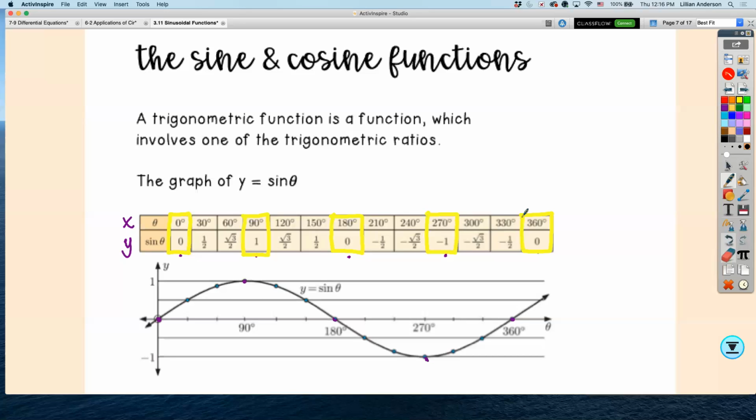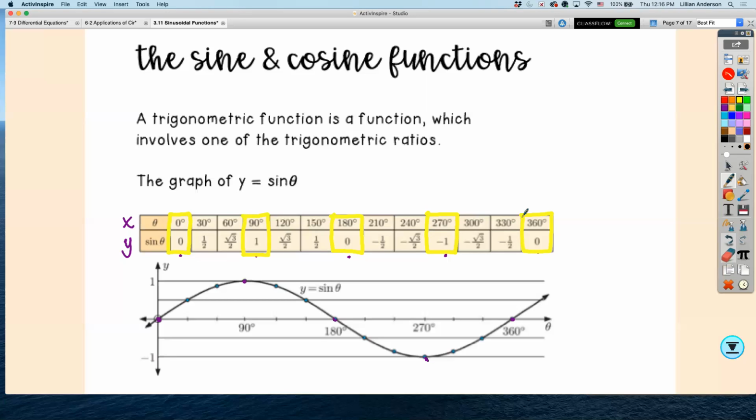Well, if you look at those corresponding y values, I either have 0, 1, or -1. All the other ones in between, like the square root 3/2, that's some decimal approximation. Okay, cool. But when we start doing some transformations with it, it's going to be a lot easier to do the transformations with 0, 1, and -1 than it is with the square root of 3/2.